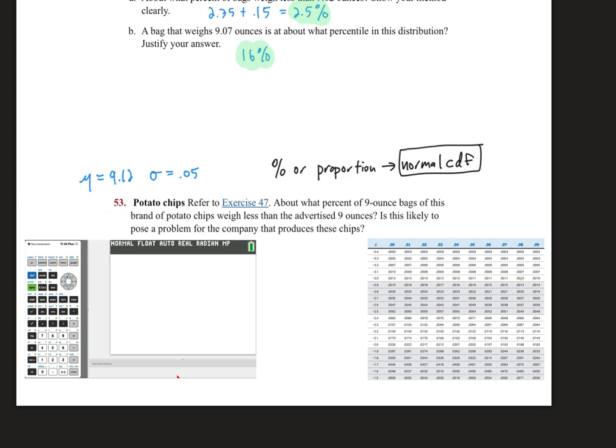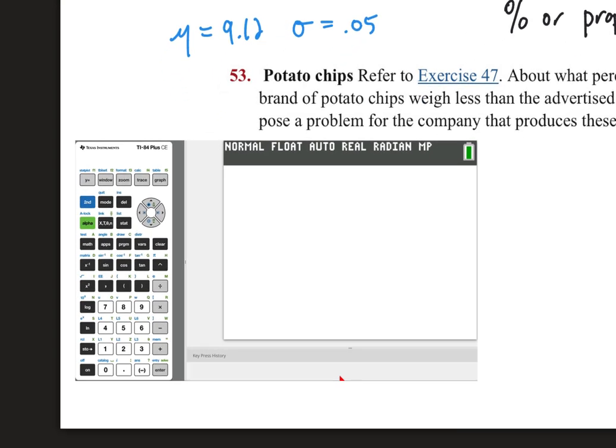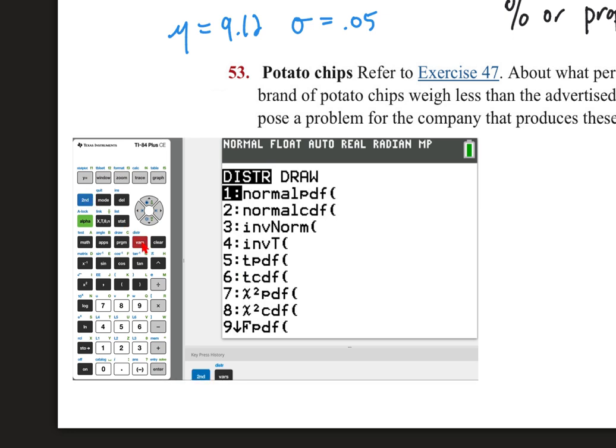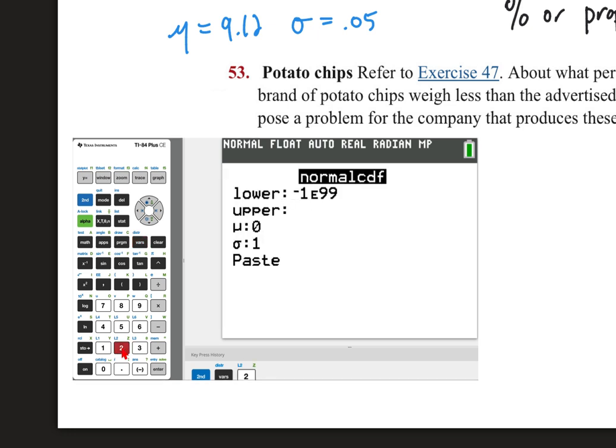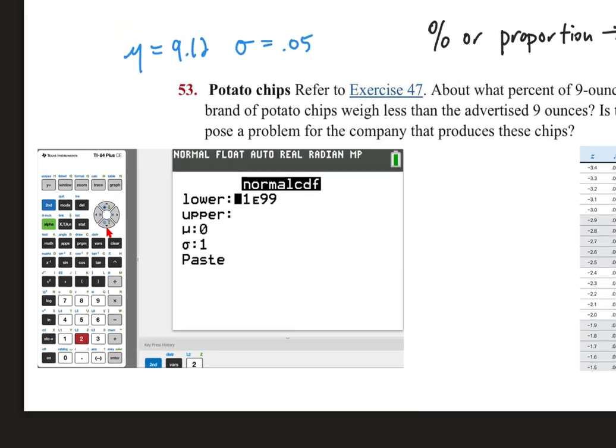Okay, so when we do normal CDF, let's take this calculator. When you do normal CDF, do second, and then VARS, which is distribution. It's the second thing. So we want what percent is less than 9 ounces. So actually, let's draw this first.